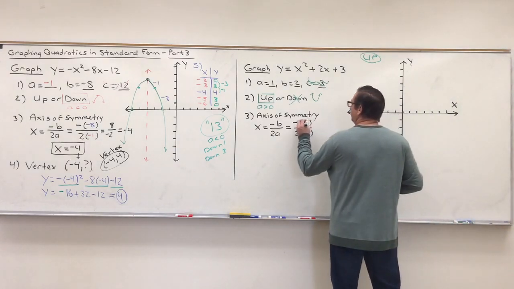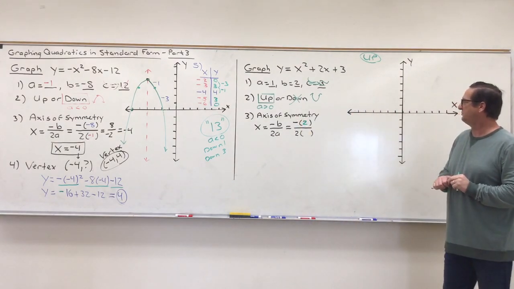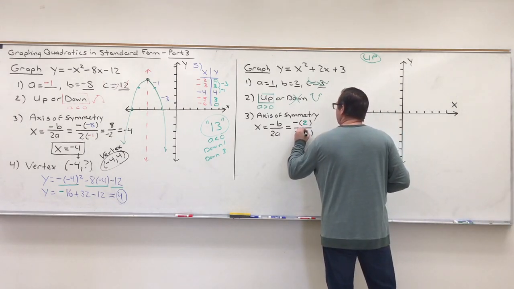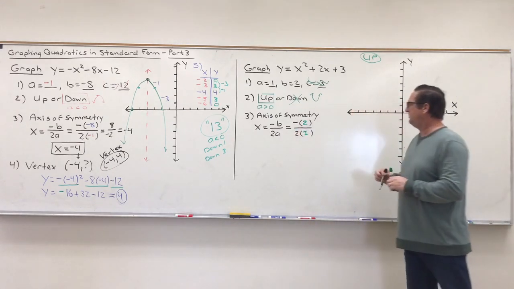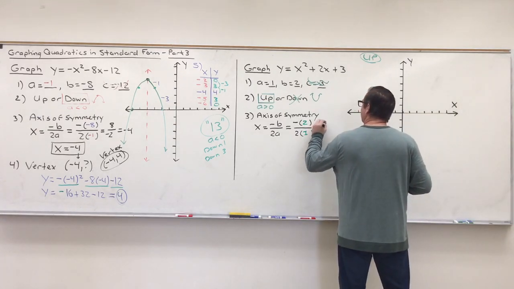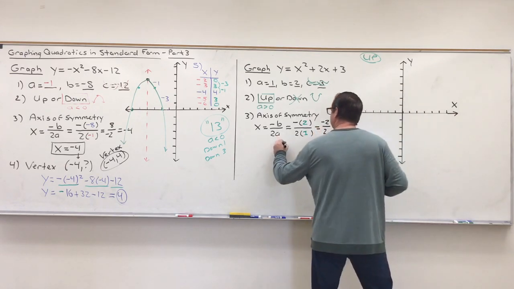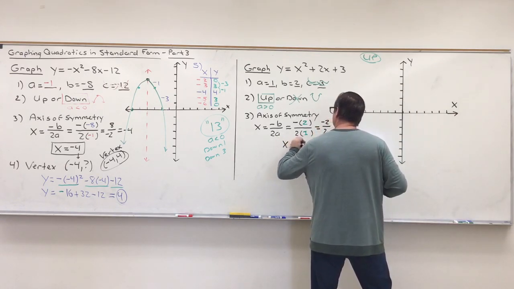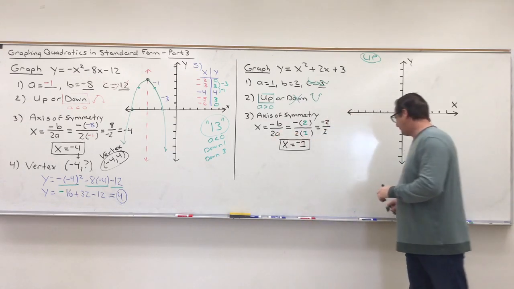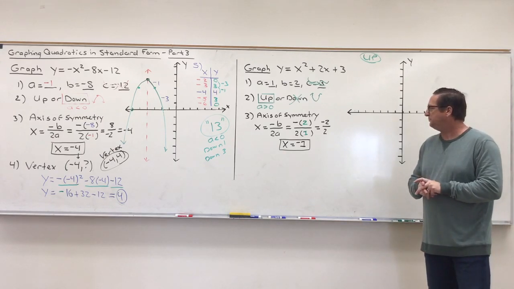So we're going to have our 2 and we're going to put in our a value of 1. And so I get negative 2 over 2, our axis of symmetry is x equals negative 1.